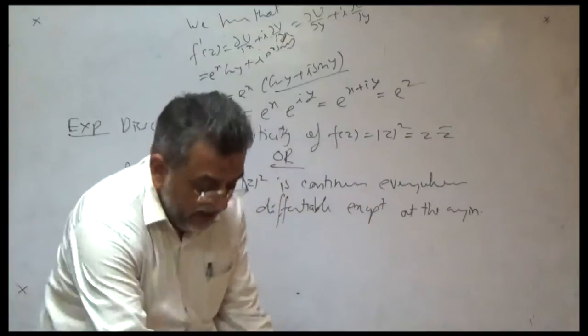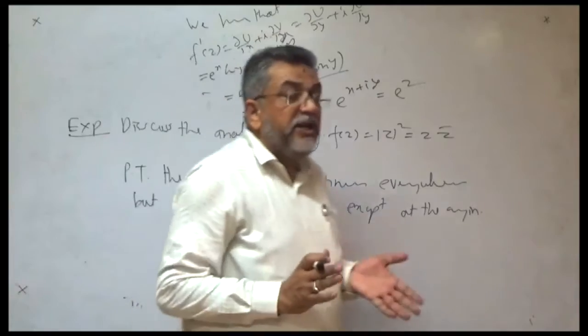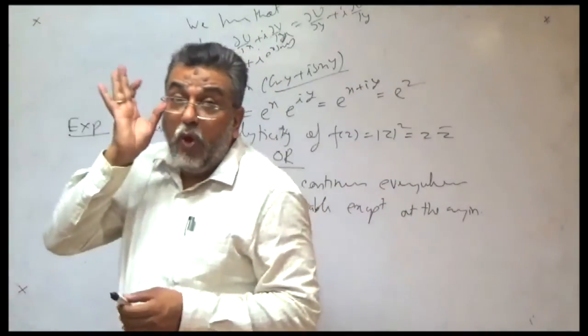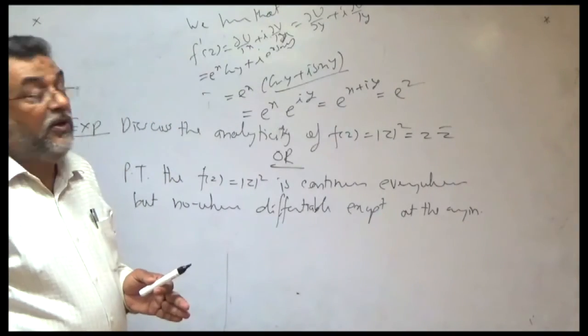This is another statement of this question. f(z) equal to mod z square is continuous everywhere, but nowhere analytic except at the origin.